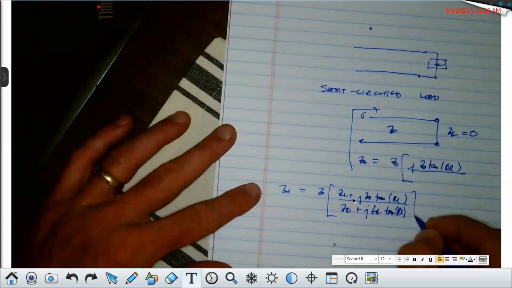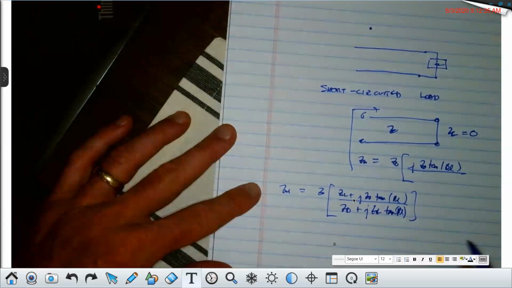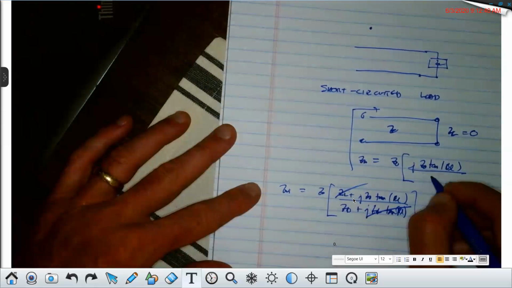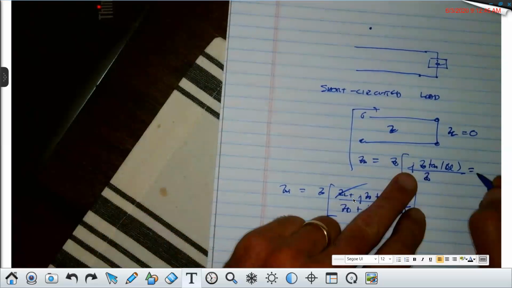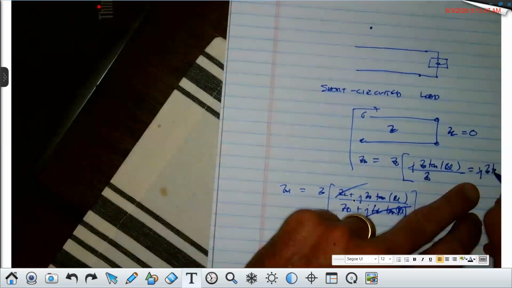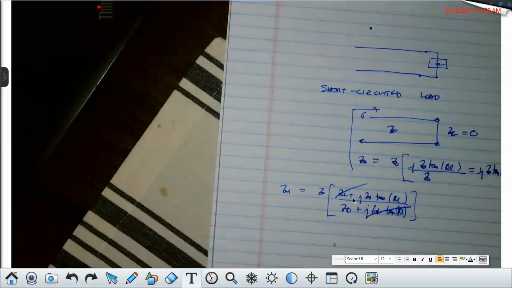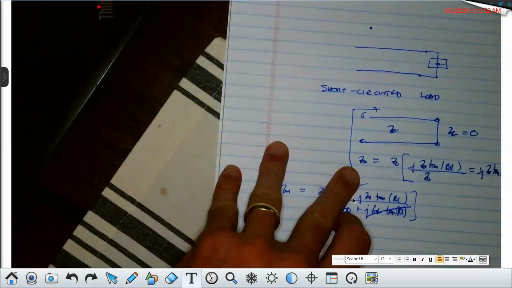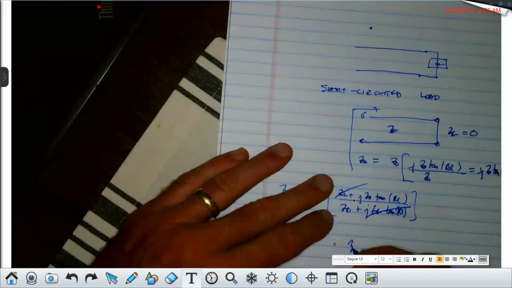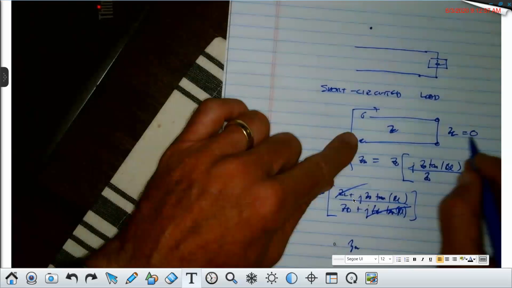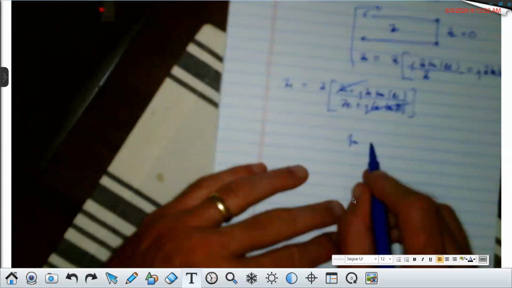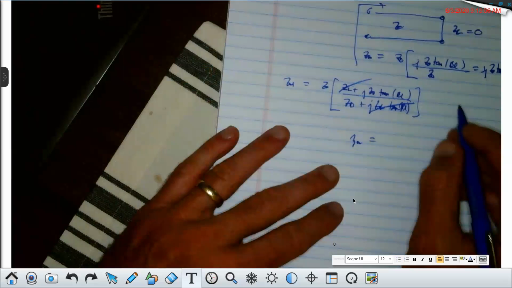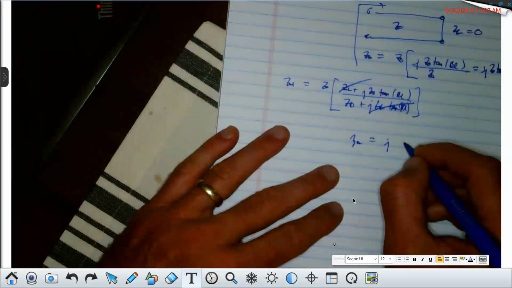If ZL is 0, then I get an input impedance that's really equal to just jZ naught times the tangent of beta L. Do you all see that? That's the input impedance. The normalized input impedance of that shorted load would be just j times the tangent of beta L.